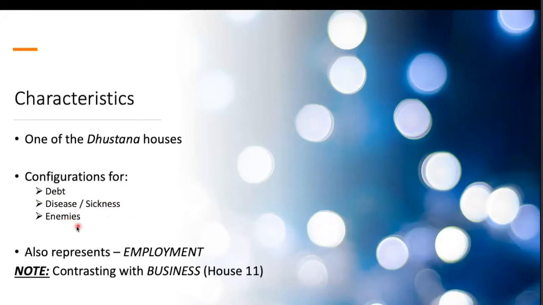You also have enemies represented in the sixth house. What encompasses enemies is different for individuals. Enemies can be relatives who want to see you fall. Enemies can be people at your workplace. Enemies can be, if you're a policeman, for example, the criminals that you are hunting down.